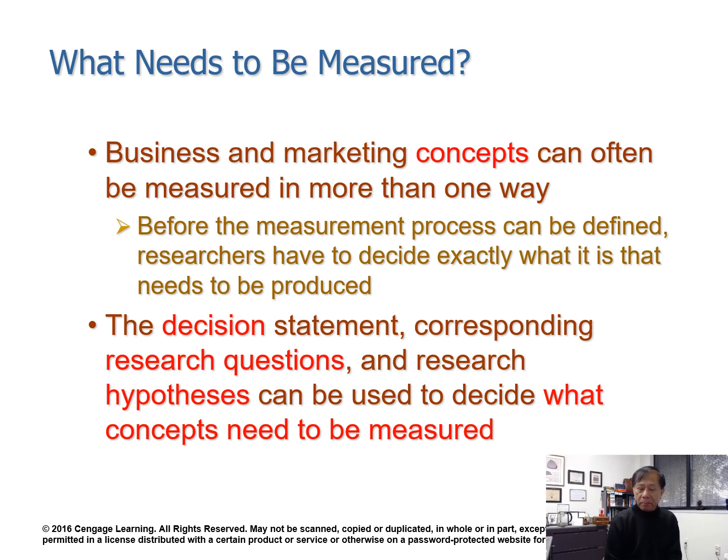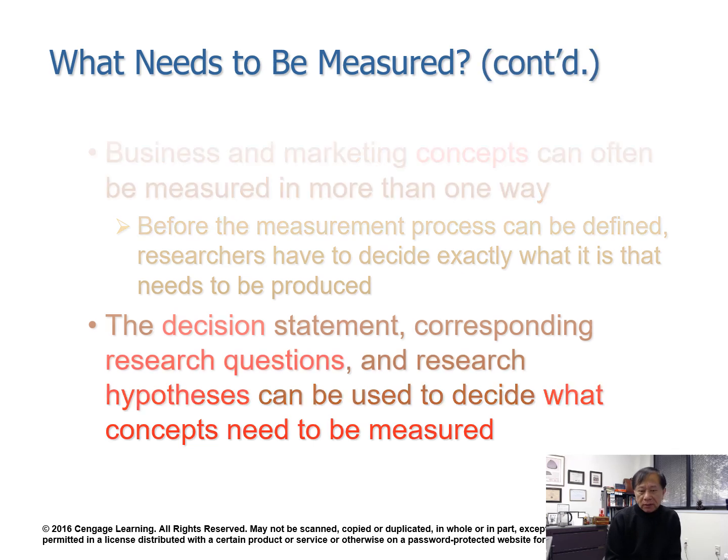That's why in past chapters, I've always been talking about your research question and hypothesis, and by now your teams should have developed at least some of those research questions or research hypotheses that you want to test. Now, with that, you can decide what concepts need to be measured.